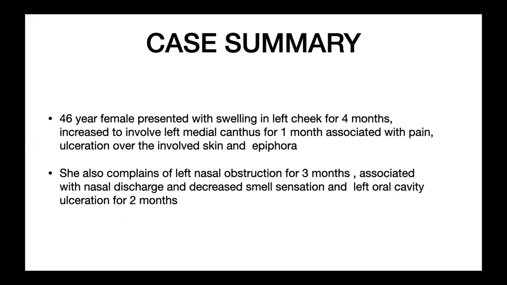Case summary: 46-year-old female presented with swelling in the left cheek for 4 months, involving the medial canthus for 1 month, associated with skin ulceration and epiphora. She had complaints of left nasal obstruction for 3 months, associated with nasal discharge and decreased smell sensation, and left oral ulceration for 2 months.